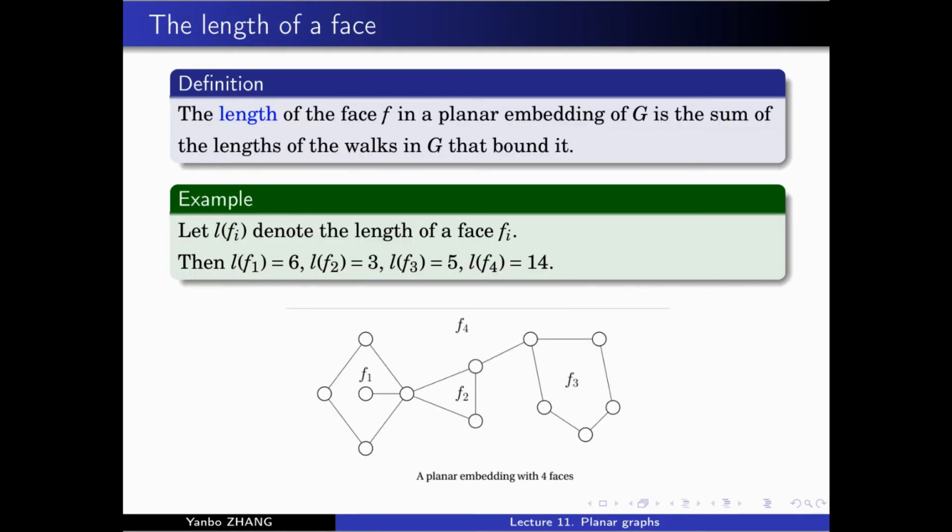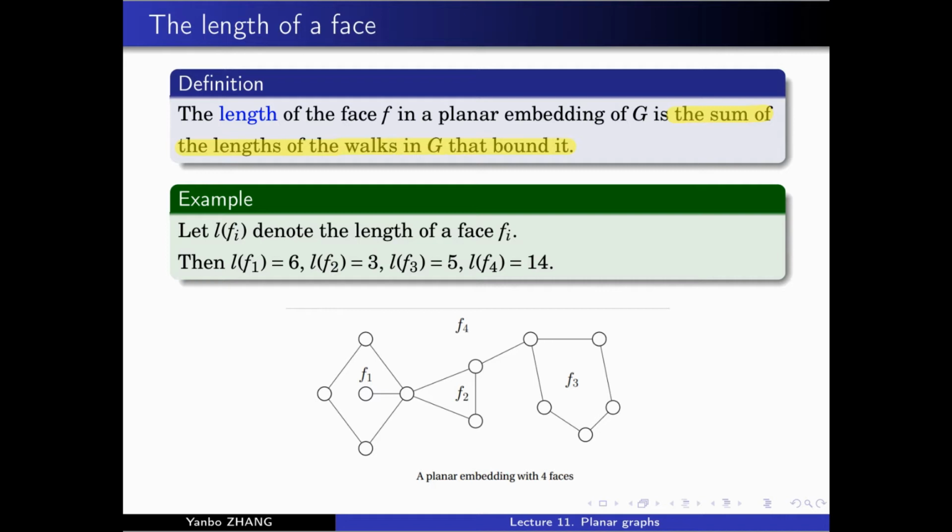For a face, it has a definition, length. The length of the face f in a planar embedding of G is the sum of the length of the walks in G that bound it. Let's take an example. Let LFi denote the length of face Fi.